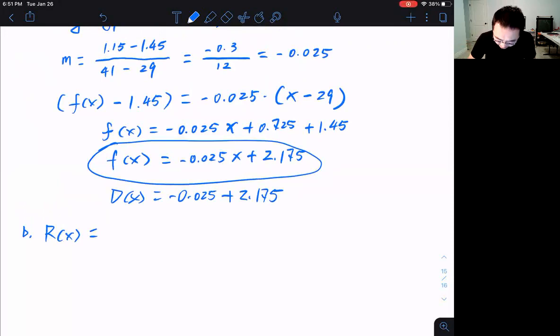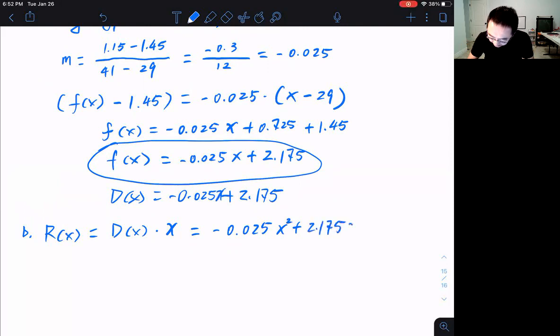So that is your d of x times x, price times quantity, and that gives you negative 0.025x squared plus 2.175x. That is your revenue function.